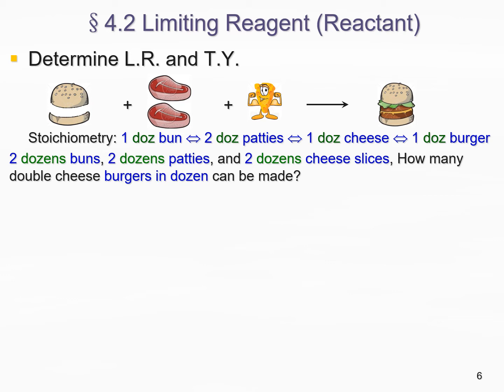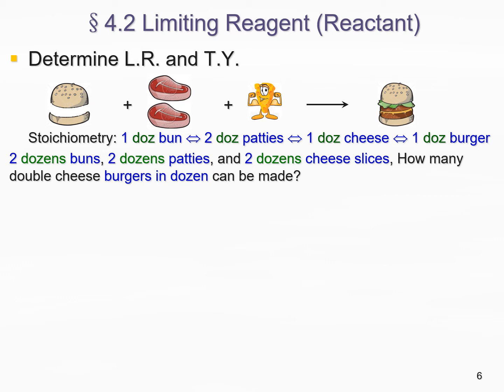Now, let's look at this stoichiometry. According to this recipe, we understand it takes 1 dozen buns equals to 2 dozen patties equals to 1 dozen of cheese slices equals to 1 dozen cheeseburgers. Remember, we have 3 reactants: buns, patties, and cheese slices. 3 reactants, again, we know their amount.